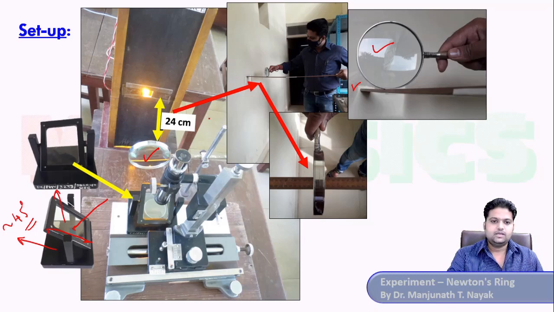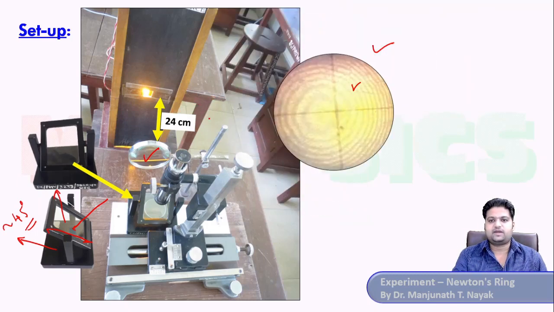Fine. And if your setup is all fine, then you will find Newton's rings. These are Newton's rings. We will see that during the experiment. You can see alternate dark and bright bands in this circle. We will focus more on the bright bands. The way we will measure is from almost the 6th ring up to the 15th ring.